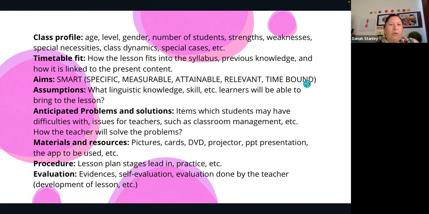And time bound. This is very important. By the end of this lesson, by the end of the week, by the end of the semester, by the end of the year, or by the end of the millennium.